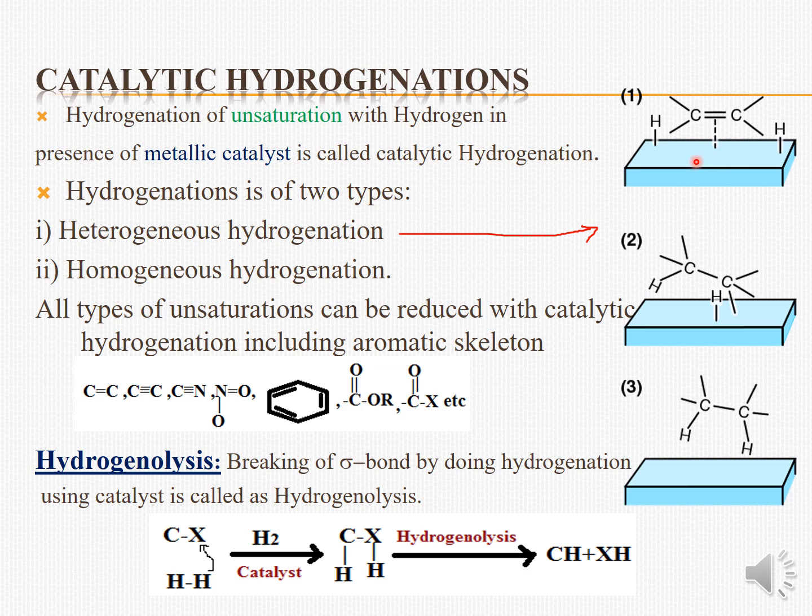You know the difference between adsorption and absorption. Adsorption is nothing but, if I have to take an example, like if we are writing on the board and the chalk dust has fallen onto your shirt, the chalk dust is just going and sitting on your shirt. That is adsorption.